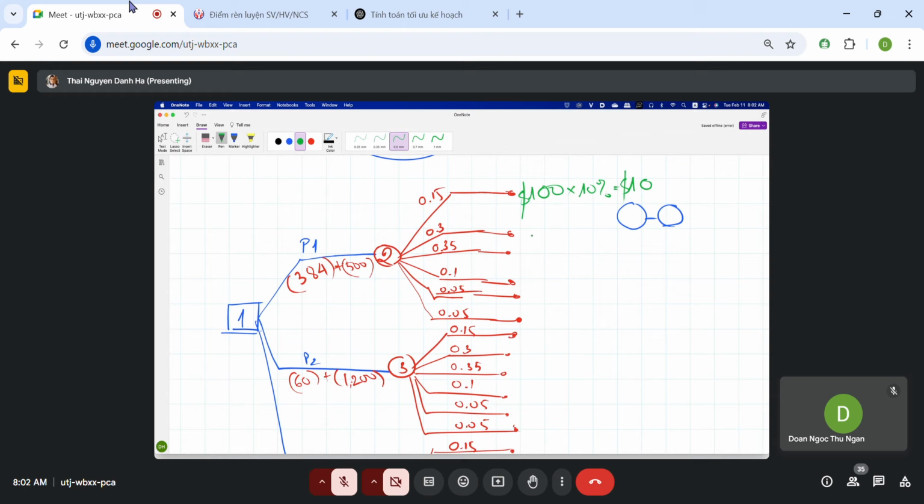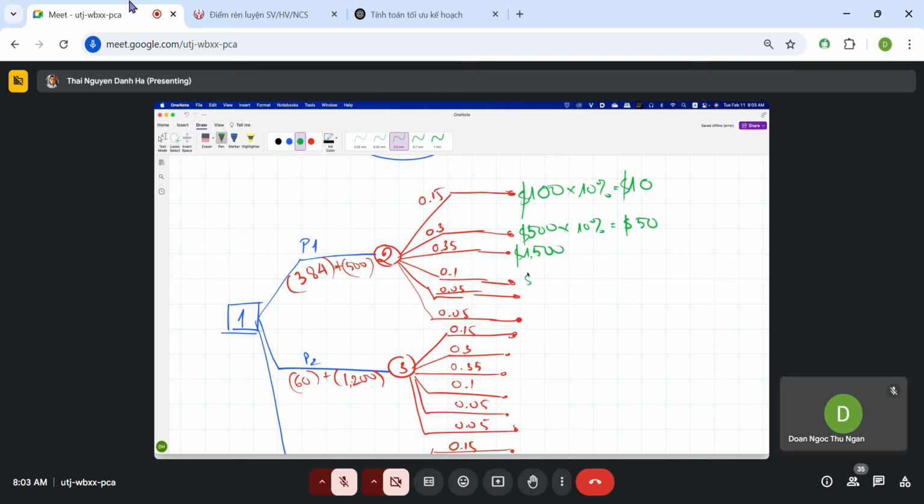And the next one, 500 US dollar, she also just pays 10%, and the total is just 50 US dollar.